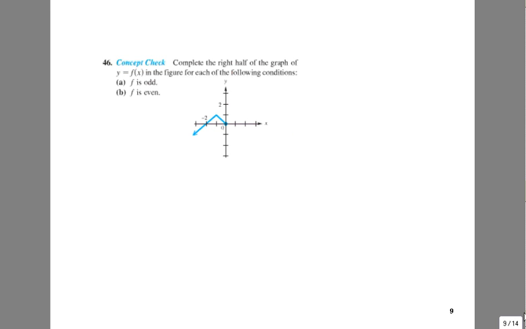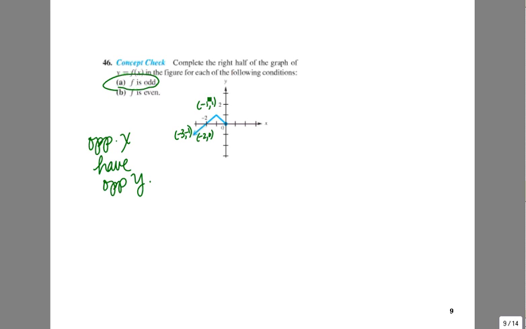Now we can complete the right half of this table, or this graph, if we know the following things. I'm not going to do both of these. Let's just do one of them. Let's do part A, which says if the function is odd. If the function is odd, that means that opposite x have opposite y. So for instance, if I know that this point is negative 1, 1, and this point is negative 2, 0, this point, let's say, is negative 3, negative 1.